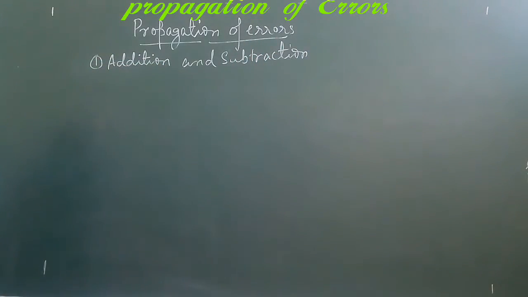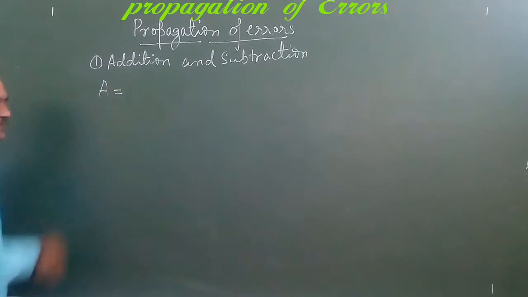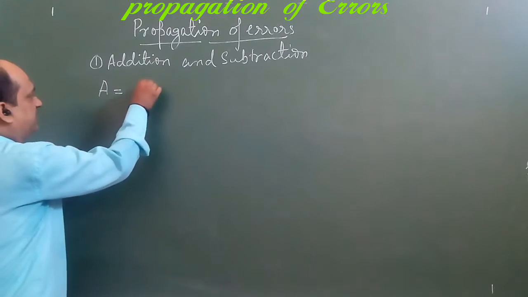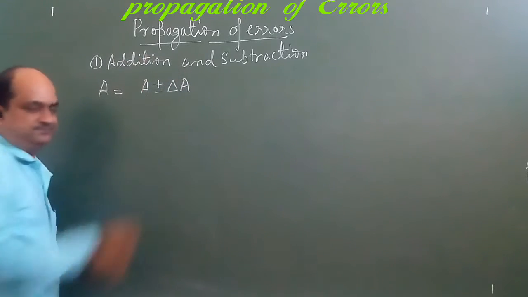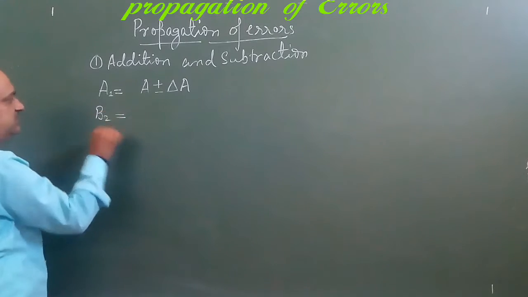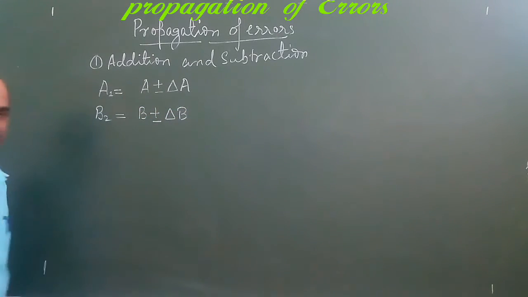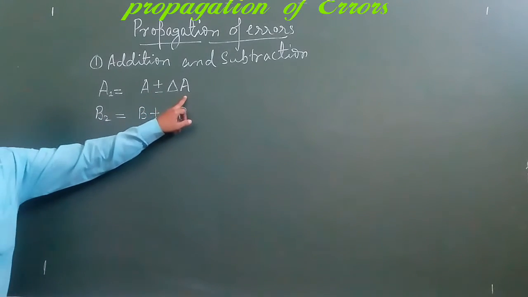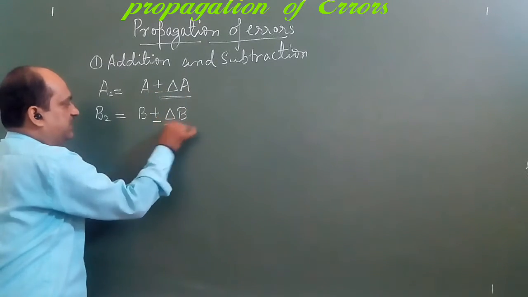Okay. So suppose we have a physical quantity A, and its measured value is written as A plus minus delta A, and another quantity B, written as B plus minus delta B. In both the cases, this quantity is our error.